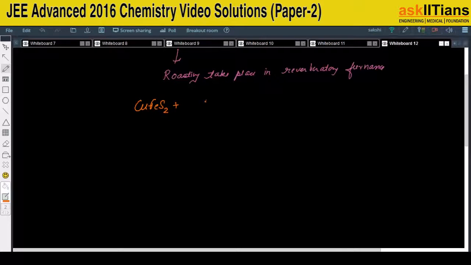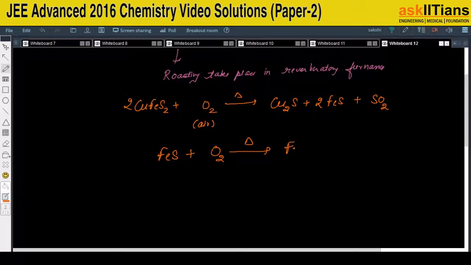CuFeS2 will combine with oxygen in the air, and on heating, this is going to form Cu2S, FeS and SO2. If I ask you to balance, so you can say this will be balanced. Then this FeS will further combine with oxygen and it will form FeO plus SO2.